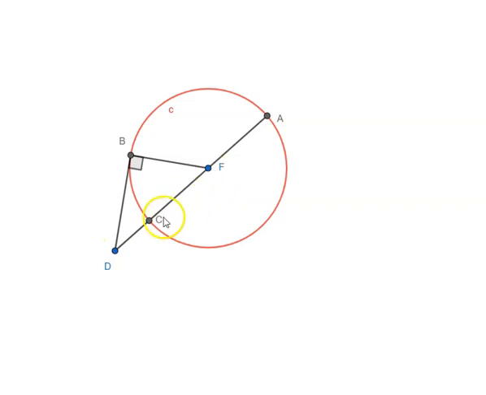But FC is equal to FB. So we can replace FC square by FB square. So our expression becomes AD by DC plus FB square is equal to FD square.